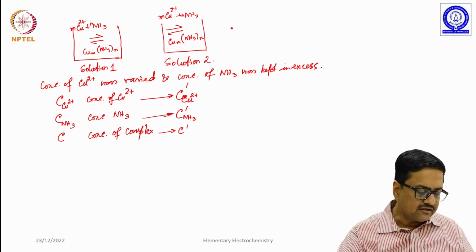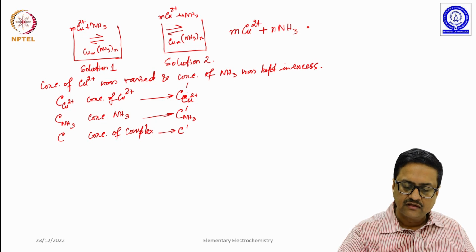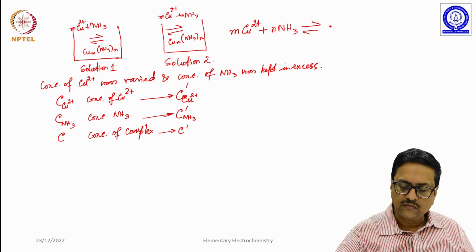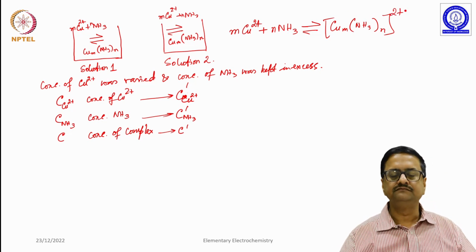And you remember that the equation is m Cu2 plus reacting with n NH3 giving you Cu(NH3)n with a charge 2 plus, right.